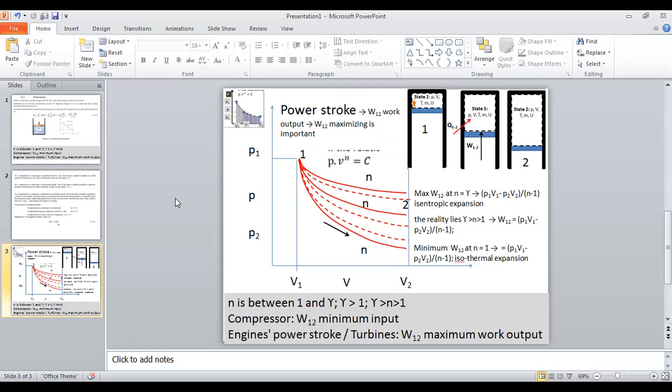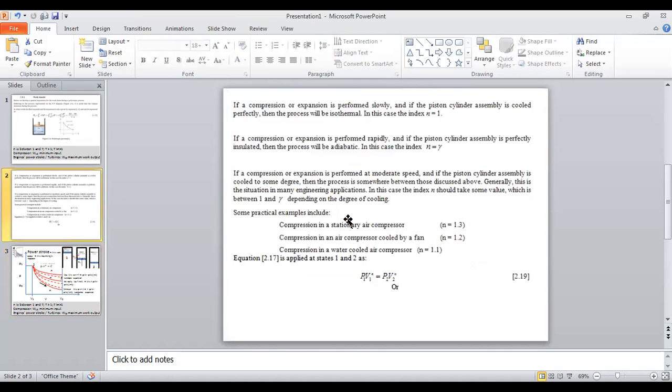Okay, good. And in the text you can see gamma, the situation. So this explanation is about the compressors mostly.